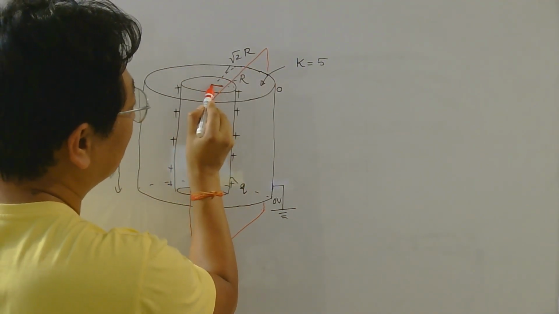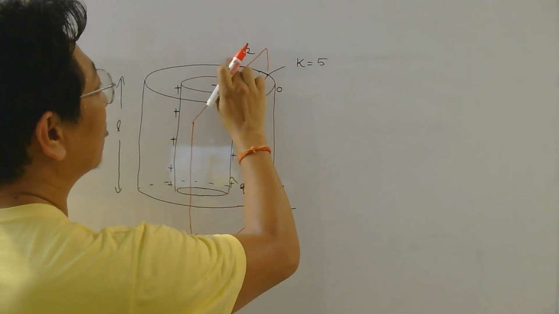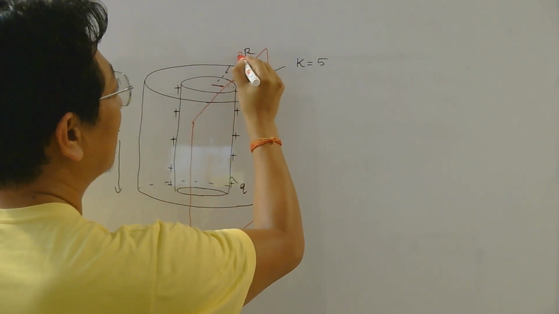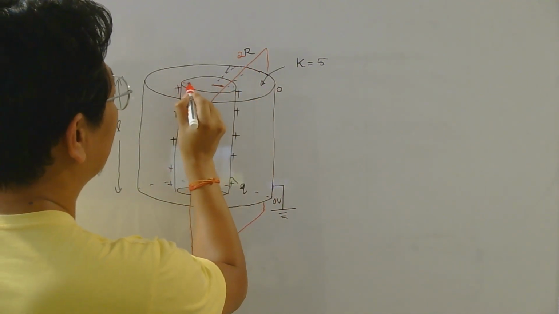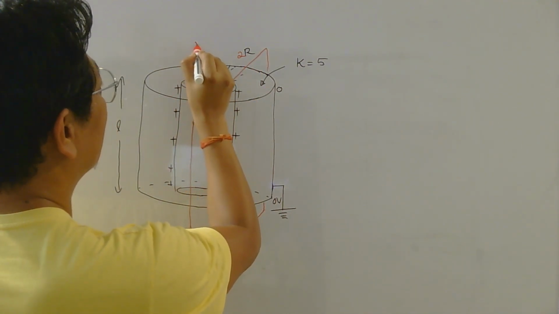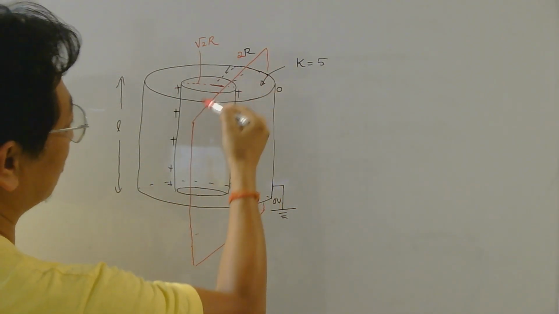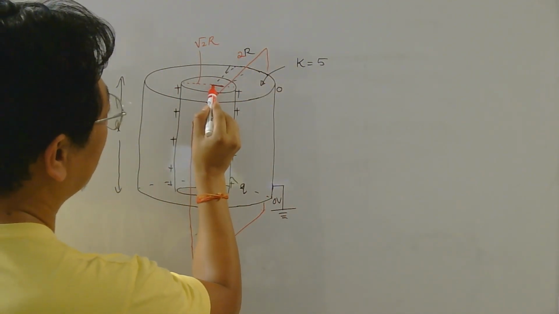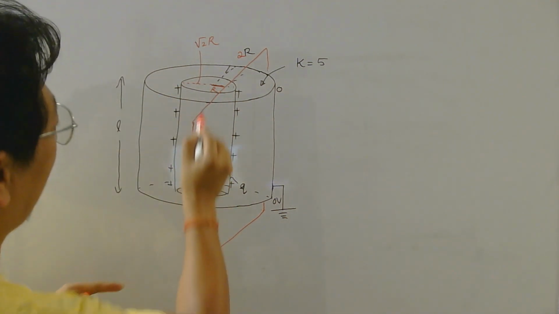They have told this surface is at a distance of, there is a small change in the question, students. The radius of the outer cylinder is actually 2r, and the radius of the inner cylinder is √2r, and they are asking flux through this plane surface which is at a distance r from the center, from the axis, we can say.